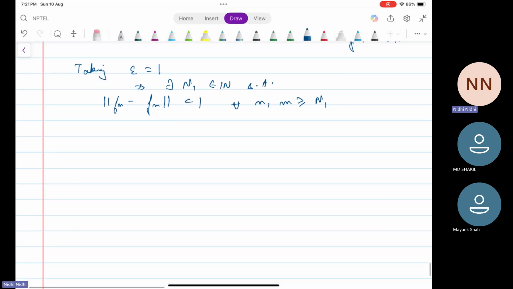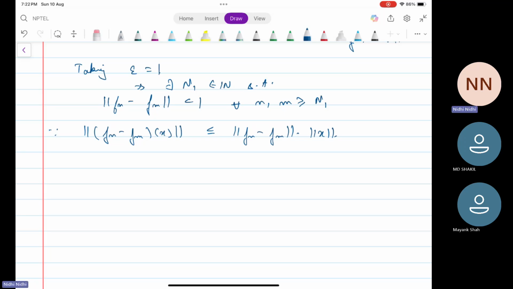Now, since Fn and Fm are bounded linear functions, we get norm of (Fn minus Fm)x is less than or equal to norm Fn minus Fm times norm x. If you remember, the operator norm also satisfies this condition.